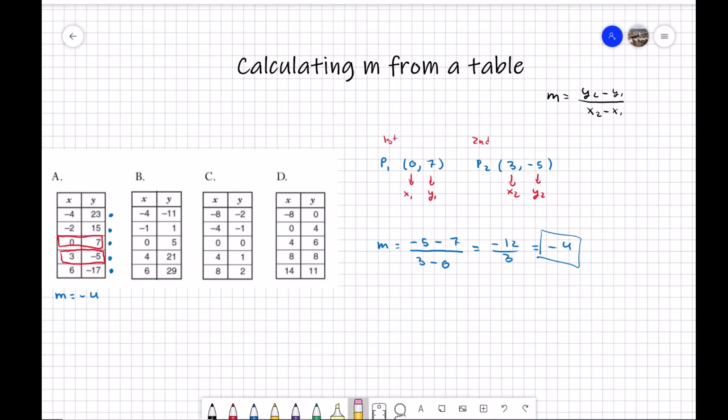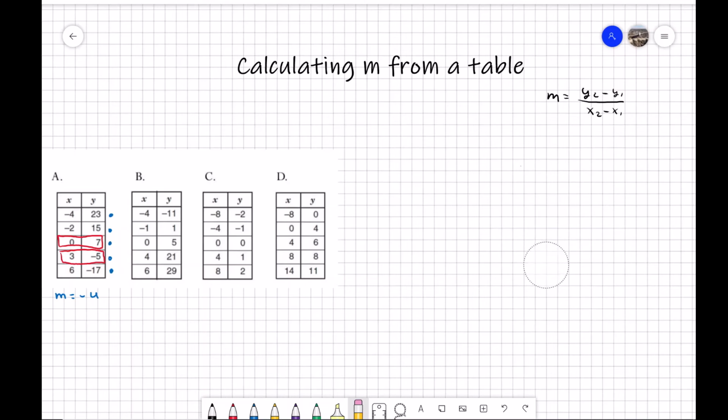Now let's move to B. Again, all we have to do is take 2 points. I'm going to take 0,5 and 4,21.